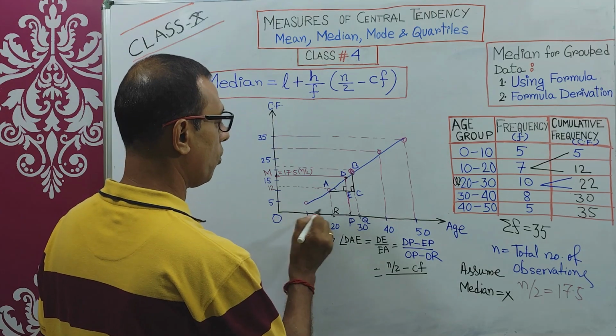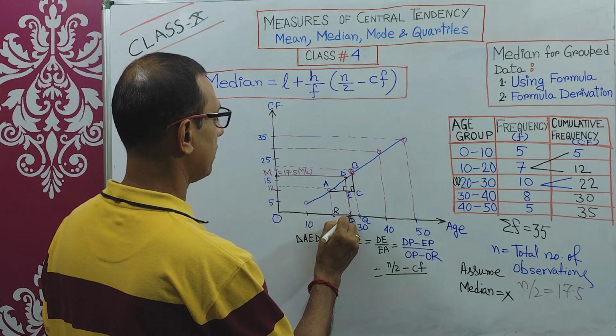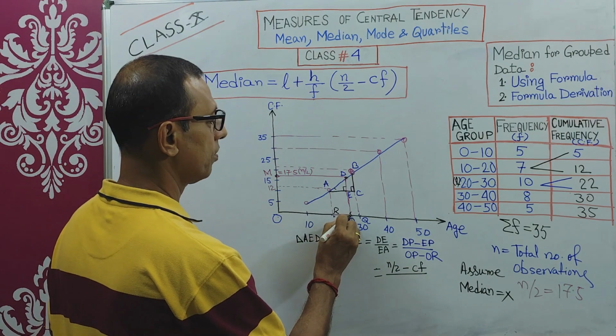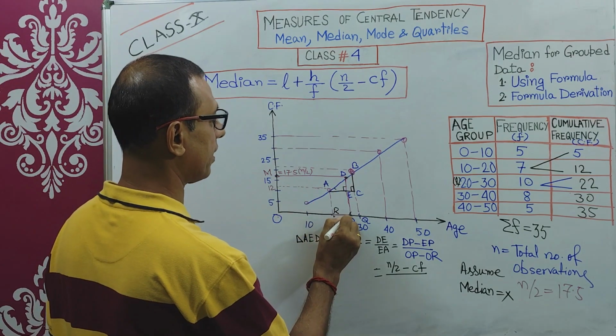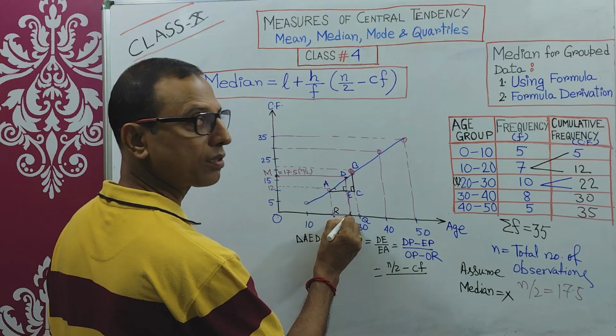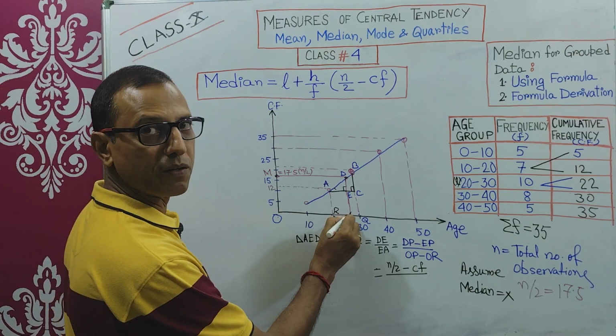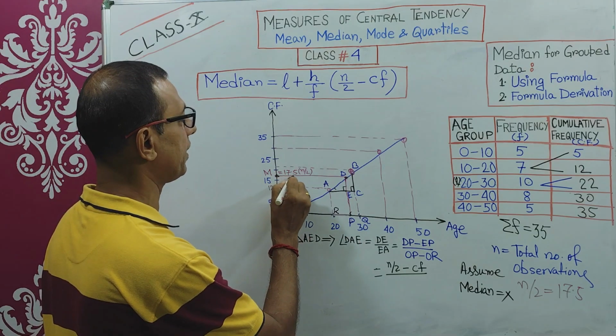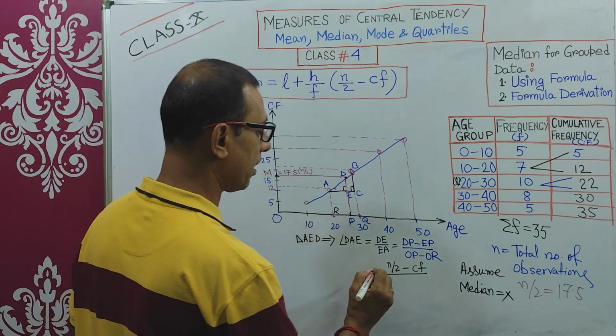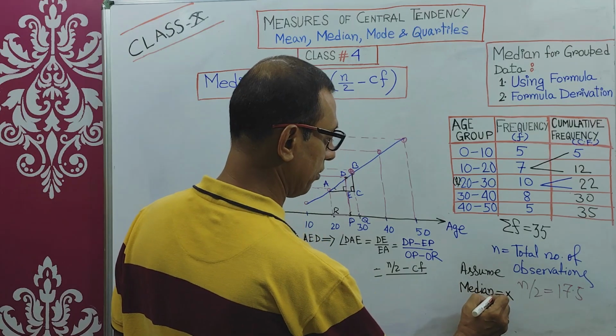Now OP. What is OP? OP is nothing but the median, because P is the respective observation value of median position 17.5. So OP is the median value, right?